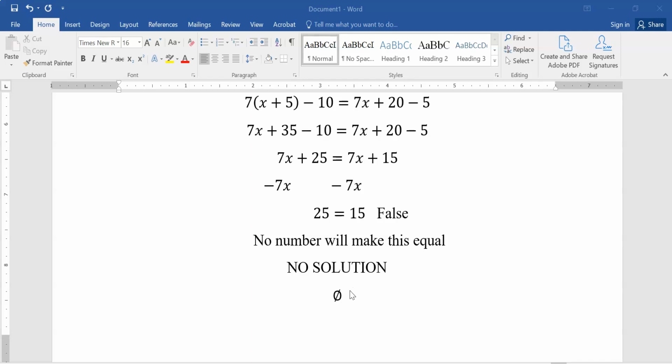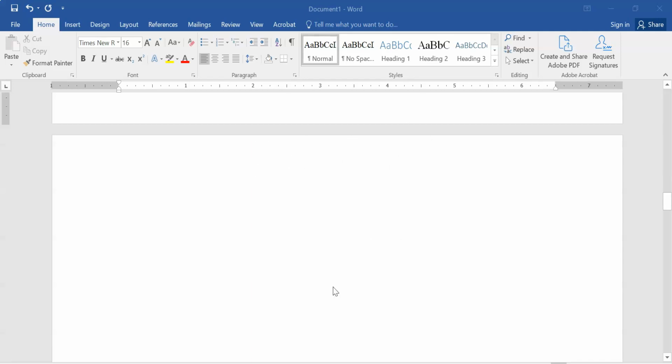A lot of times in mathematics, we create these shorthand symbols that stand for other things, just so we don't have to write out the words no solution every time. So if you get to a situation like this, you can either write out the words no solution, or you can just write a 0 with a slash through it. That means there's no number that will work. Okay. Now let's take a look at the other problem.